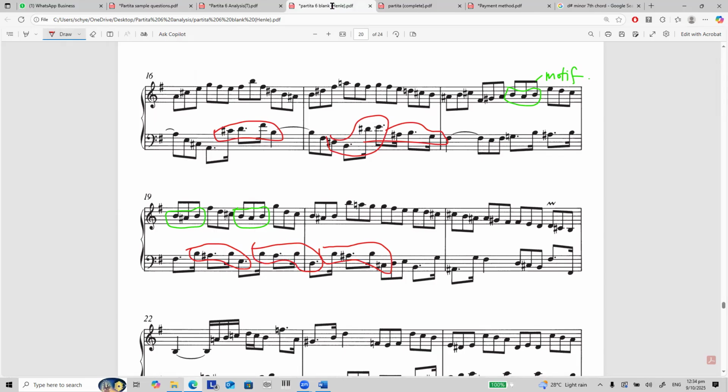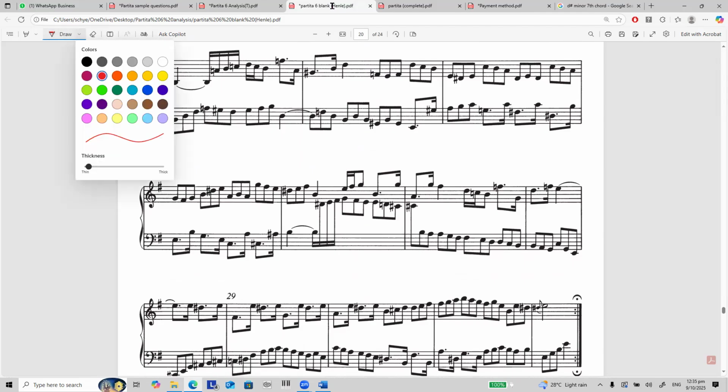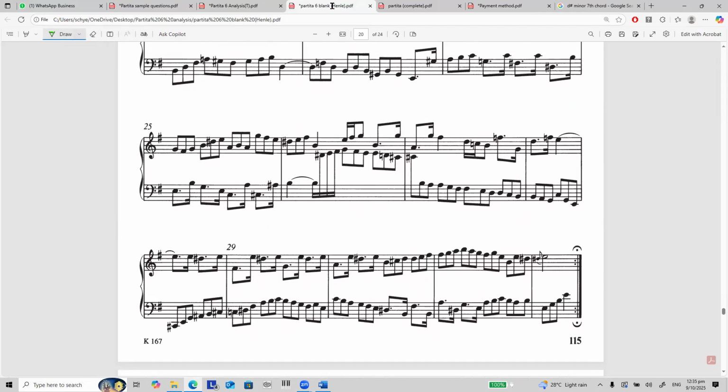On top of that, you can see overlapping of sequences continuously being used here. The sequences are here, and then continue to here.